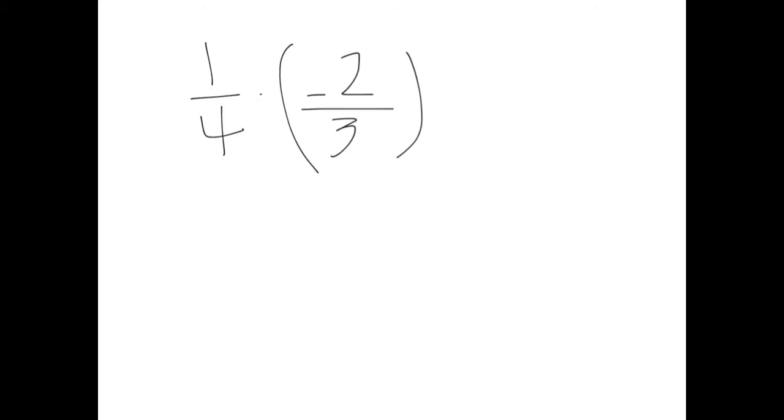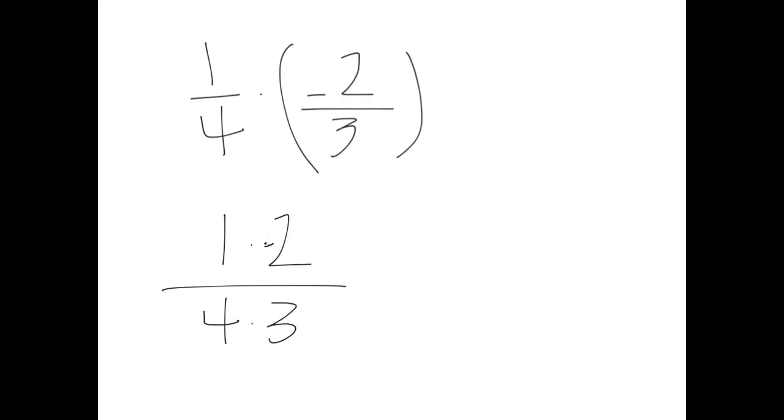Okay, today we are going to be multiplying fractions. And what we just want to do is you just want to write down your problem like this. So you're going to 1 times 2 over 4 times 3. That's a negative, so negative.